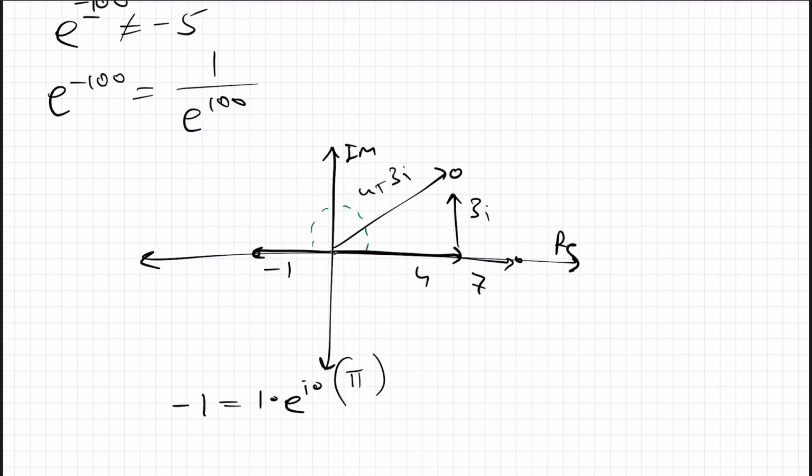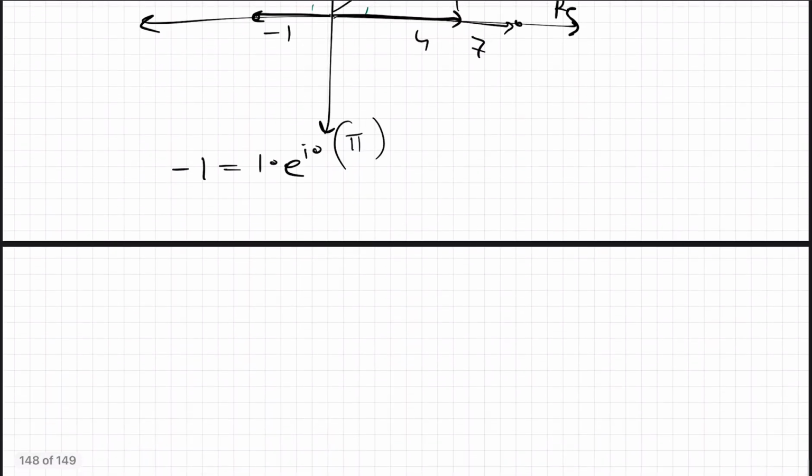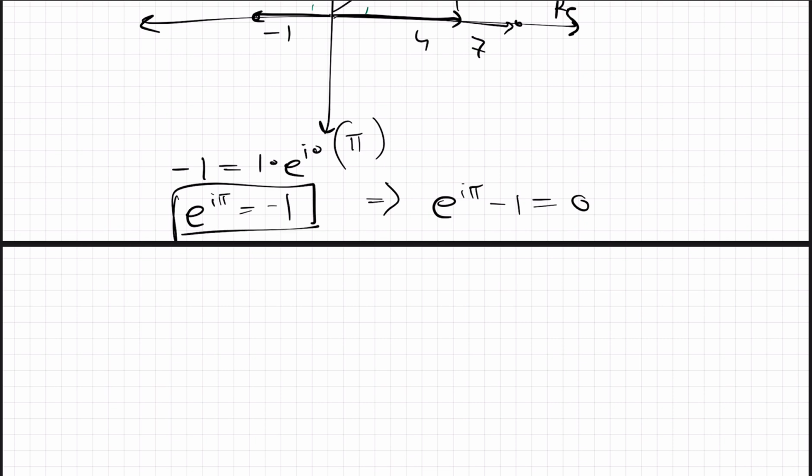So that is how you represent -1. So e to the i pi equals -1. And some of you might know that this is also Euler's identity, e to the i pi plus 1 equals 0. So this is how we represent -1 in polar form as a complex number.